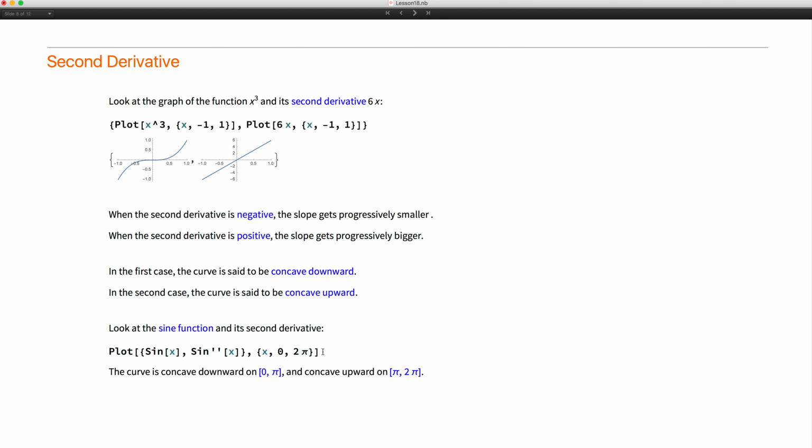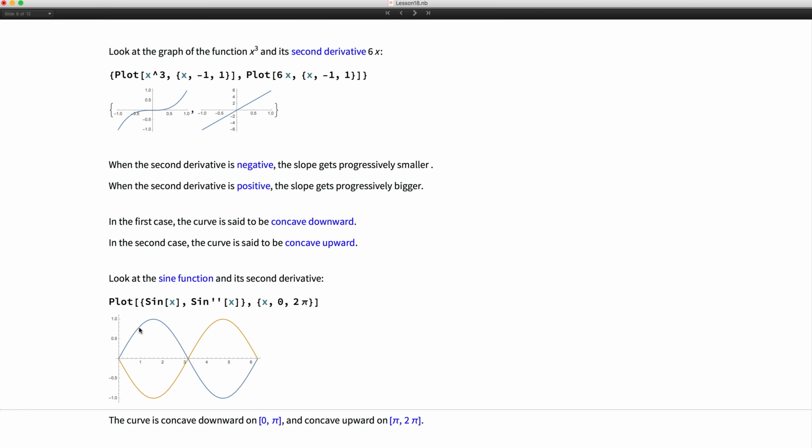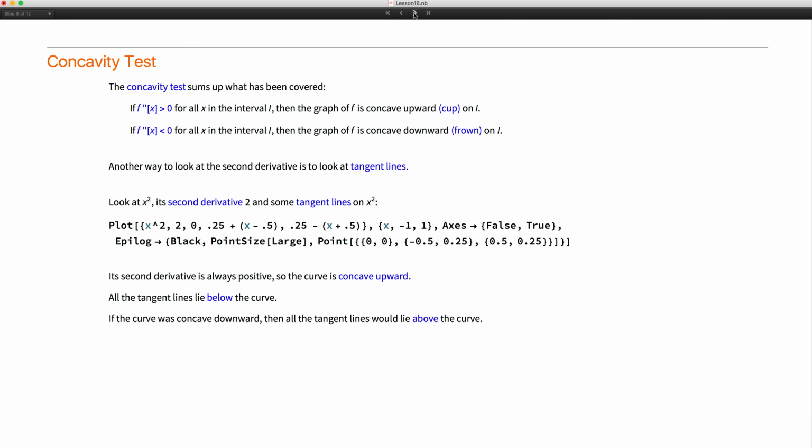As another example, let's look at the sine function and its second derivative. And you see over here that it's concave downward when the second derivative is negative and concave upward when the second derivative is positive. So now we can put all that together and talk about the concavity test, which says that if the second derivative is positive on an interval, then the graph is concave upward.